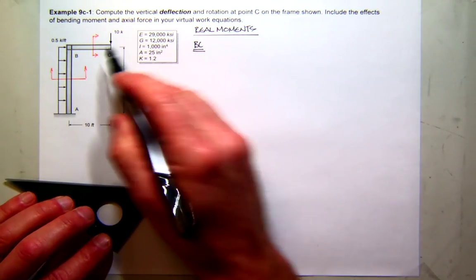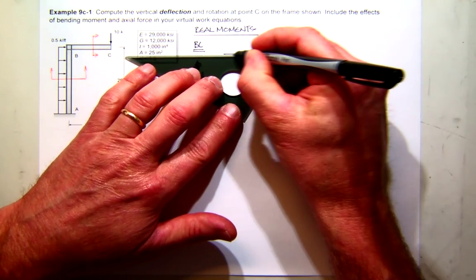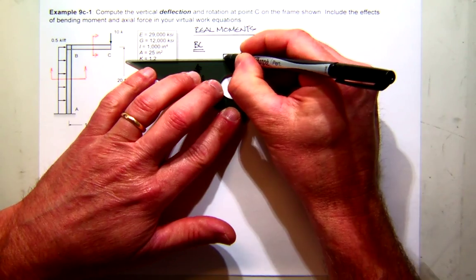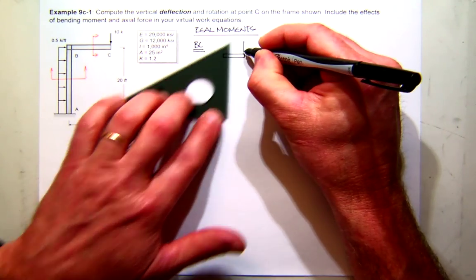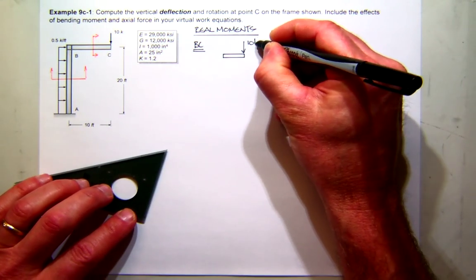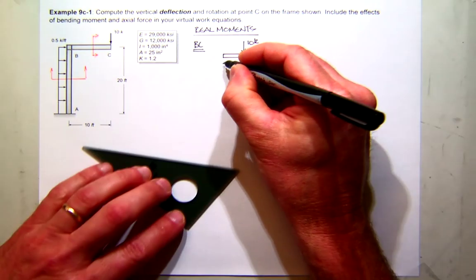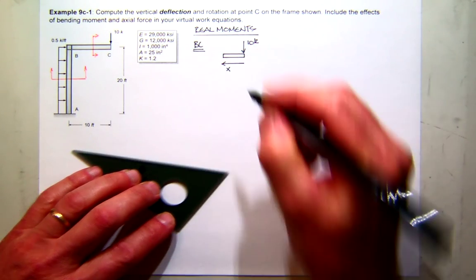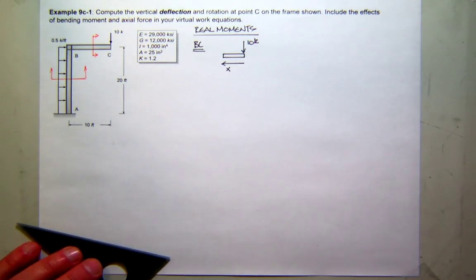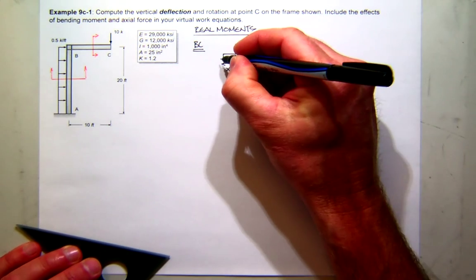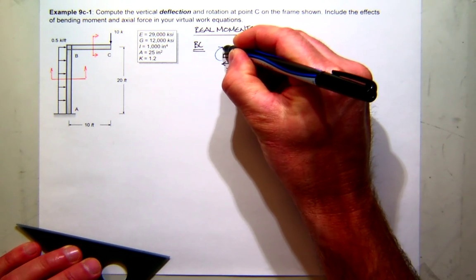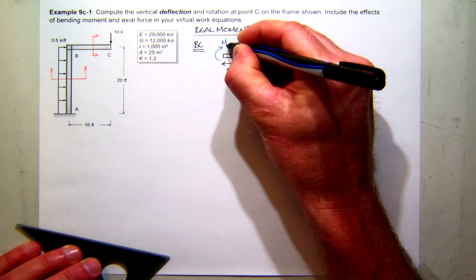So my free body diagram would be this little piece to the right, which only has a 10 kip load on it. And I'm going to assume my unit X, or my coordinate X, goes from right to left. And then internally, all I'm looking for now is the moment.